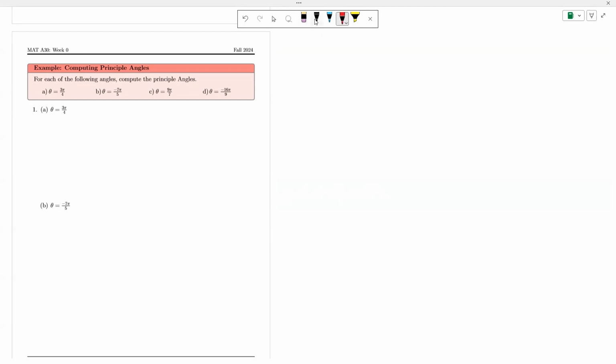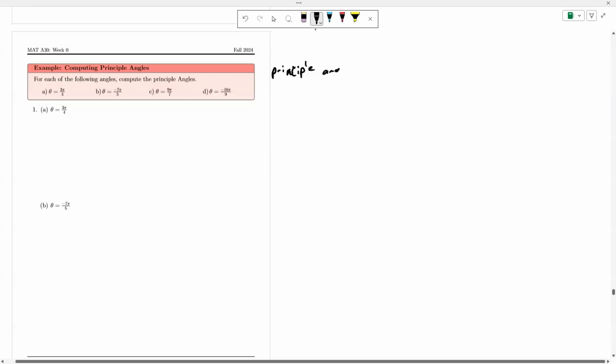The key here is that the principal angle lies in 0 to pi by 2, and we achieve it by comparing with multiples of pi.